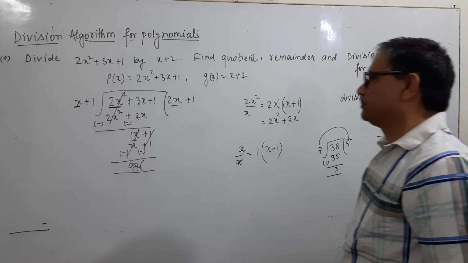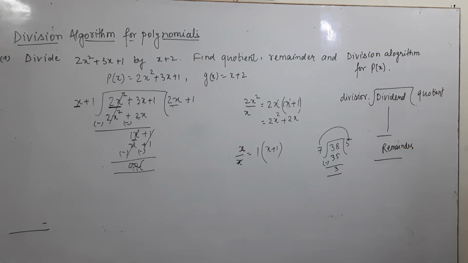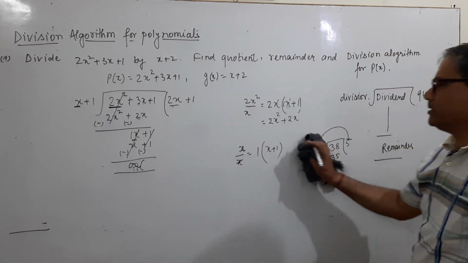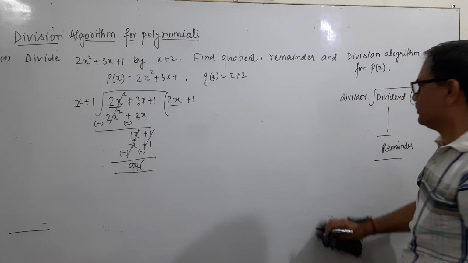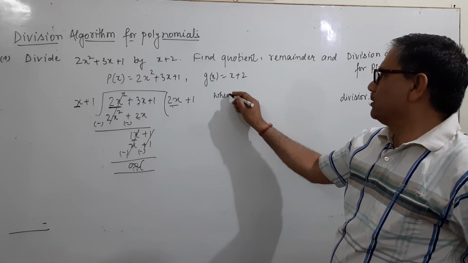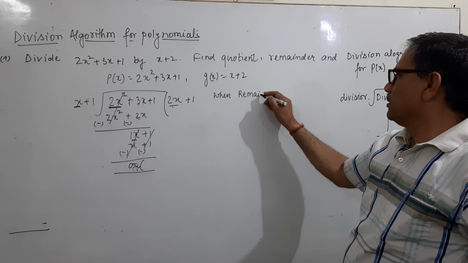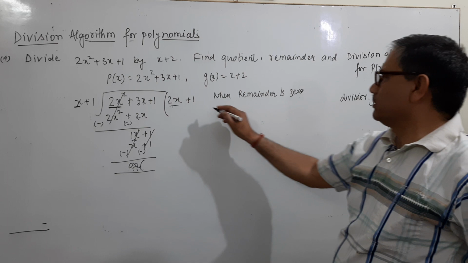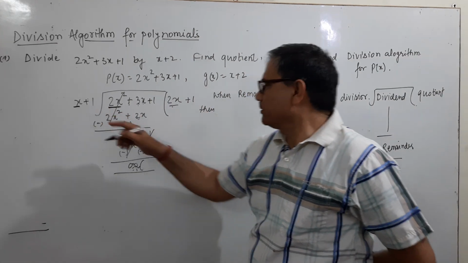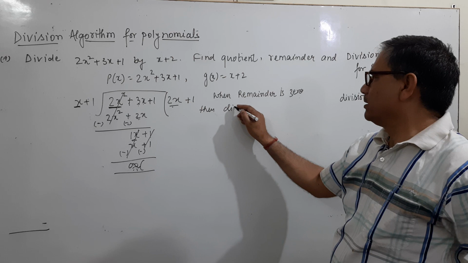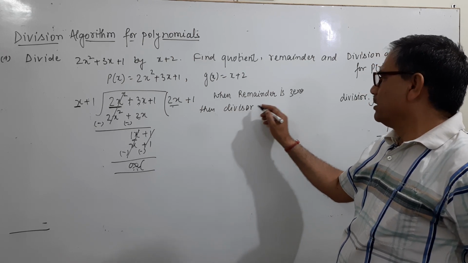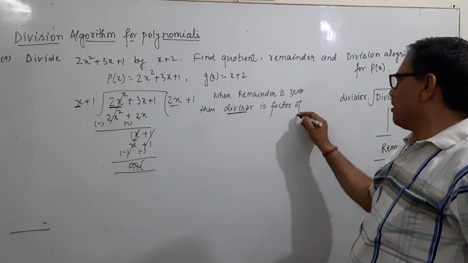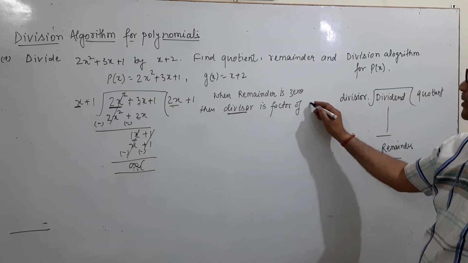When the remainder is 0, the divisor, x plus 1, is a factor of which one? The dividend.